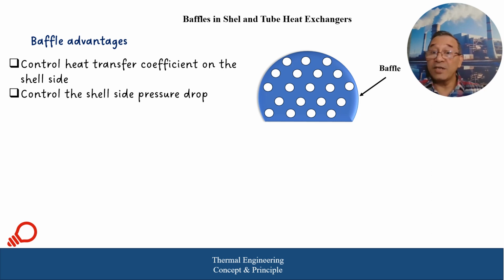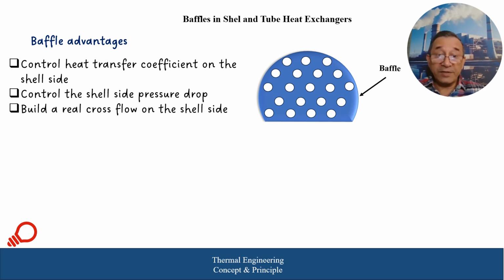Therefore, a compromise should be reached for the spacing between these baffles. Baffles can build a real cross flow between the two streams, the one passing on the shell side and the other passing through the tube side.